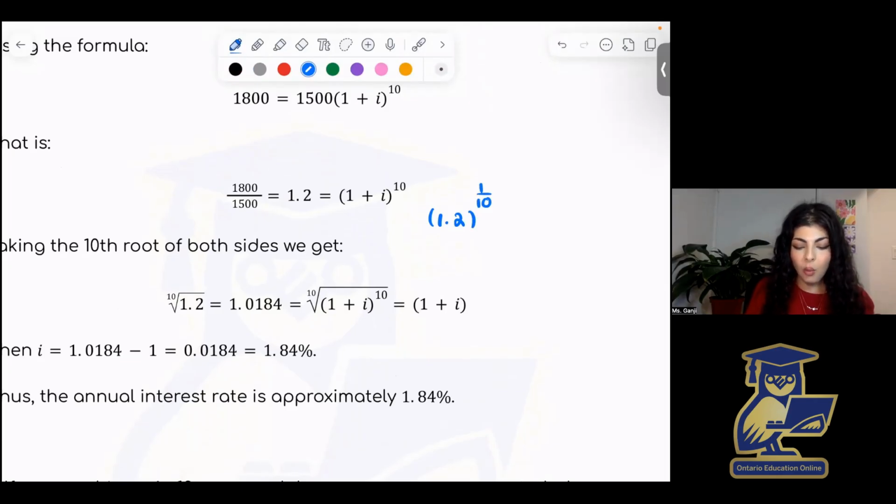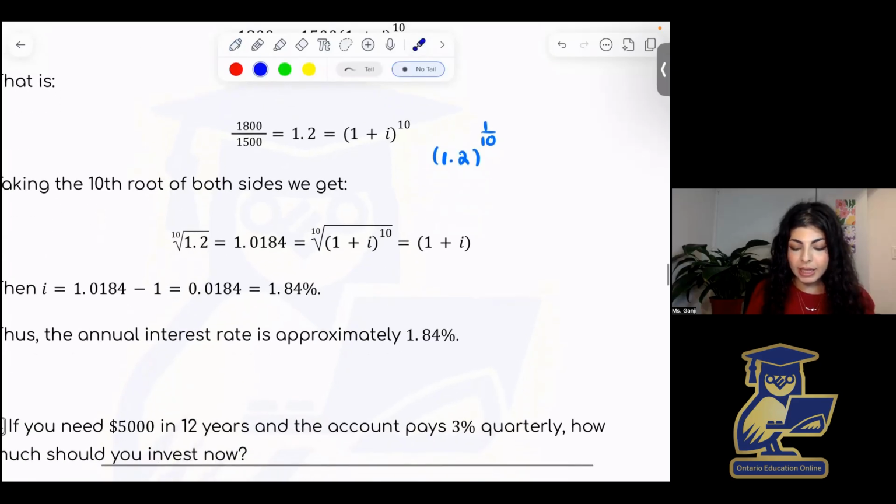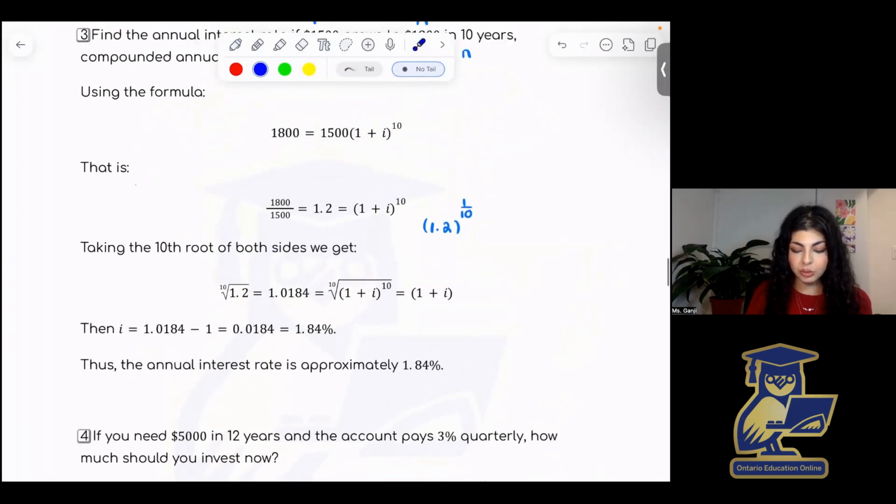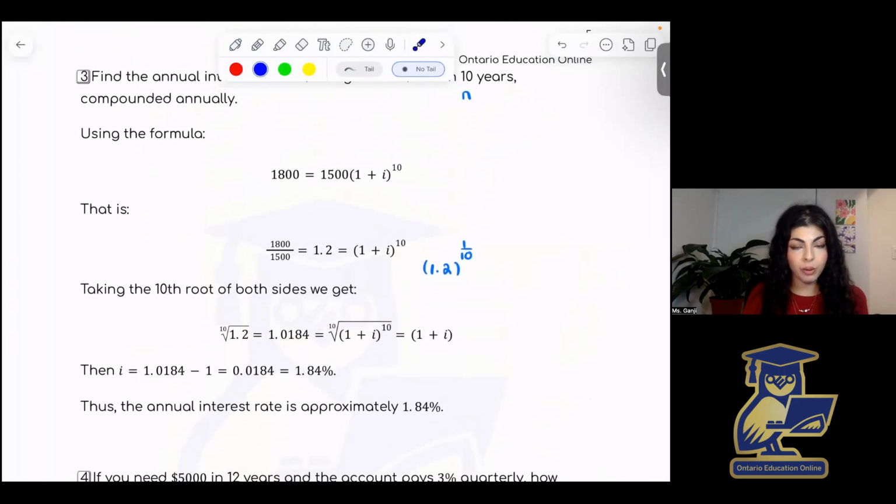And you should get 1.0184. And this is equal to 1 plus i, which then means that i is equal to 1.0184 minus 1, or 0.0184, or 1.84%. So then the annual interest rate is approximately 1.84%.